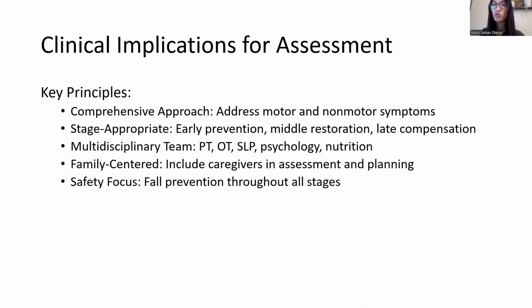needed. We must use a family-centered approach that includes caregivers in both assessment and treatment planning. Finally, safety and fall prevention should be a focus throughout all stages of the disease. The comprehensive assessment framework we've discussed today provides the foundation for effective, evidence-based intervention that can significantly improve outcomes and quality of life for people living with Parkinson's disease.